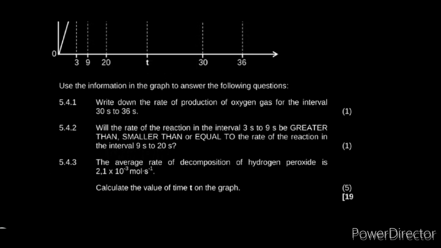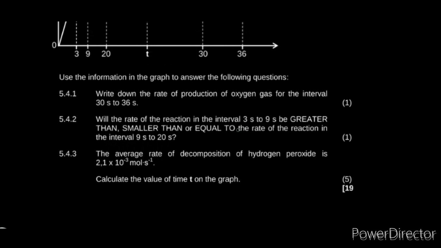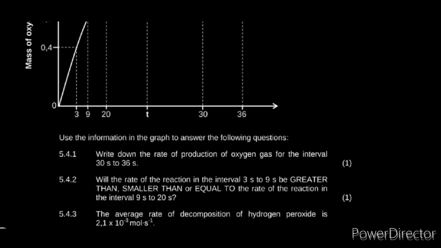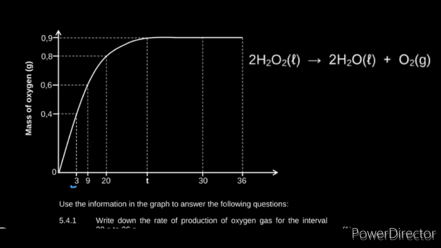Now they ask, will the rate of reaction in the interval 3 to 9 seconds be greater than, smaller than, or equal to the rate of reaction at 9 to 20 seconds? They basically want you to compare this portion and this portion.